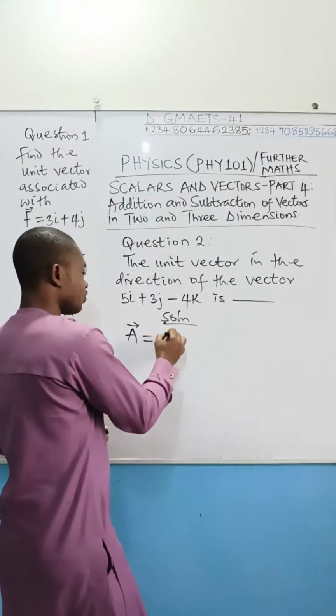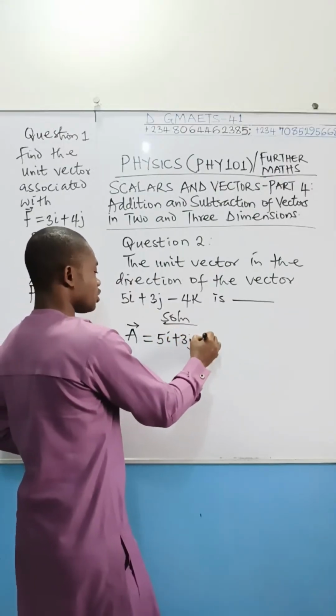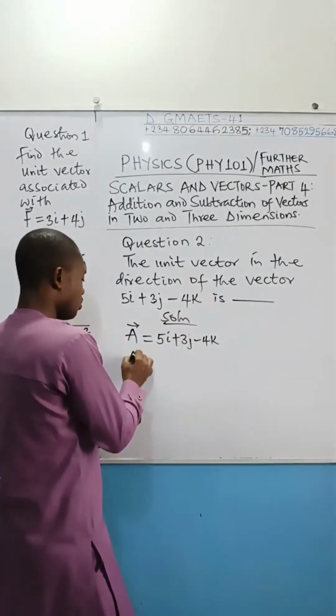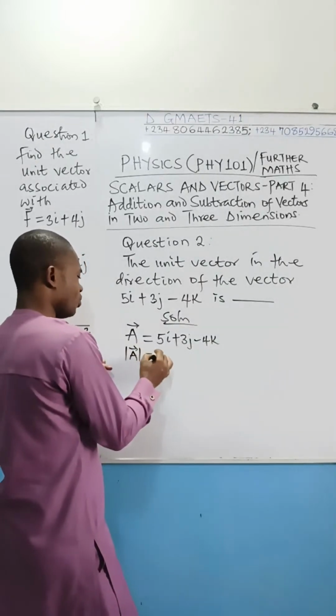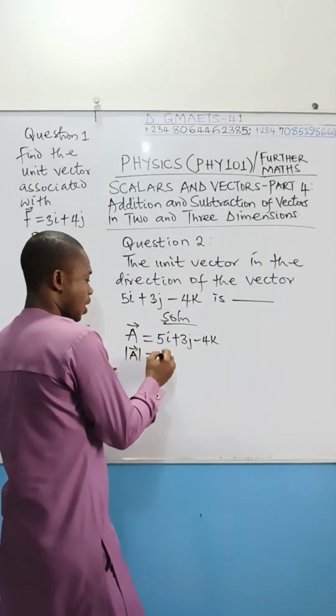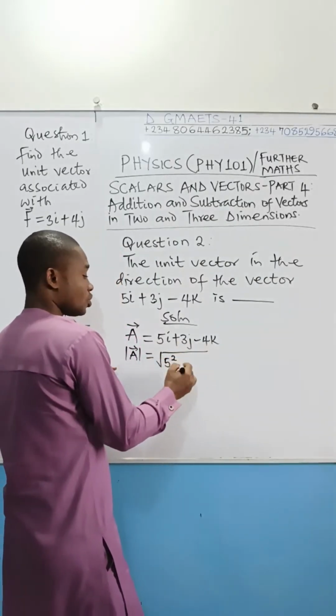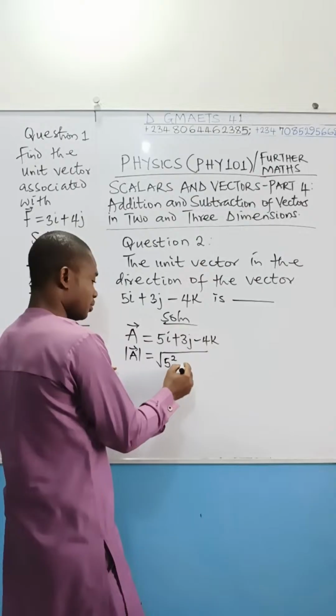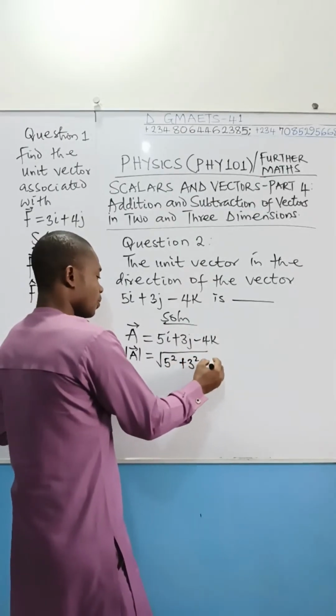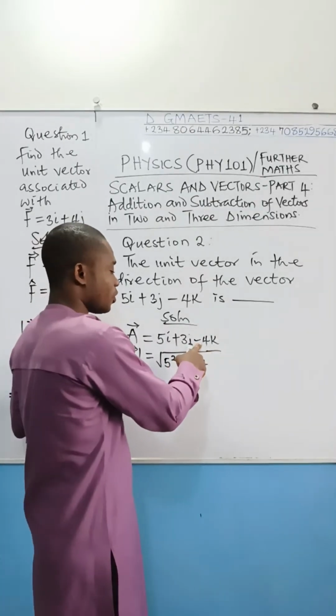So that vector A is 5i plus 3j minus 4k. So the magnitude of vector A will now be equal to square root. Come over to this and then sum the squares of each of them. Look at this minus 4.